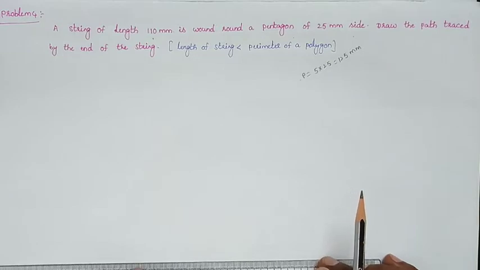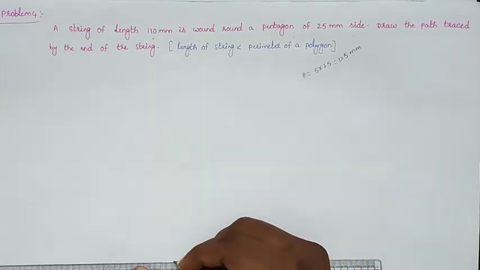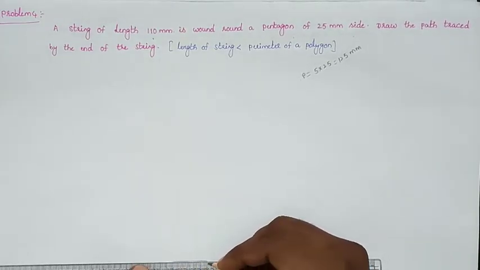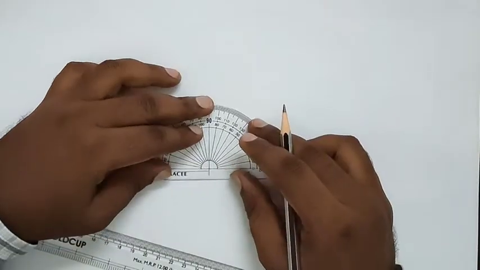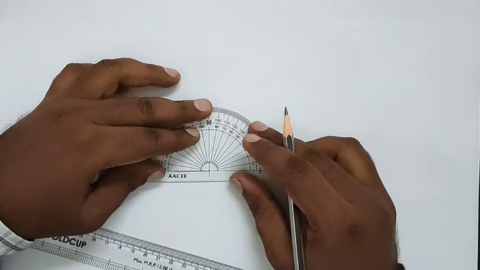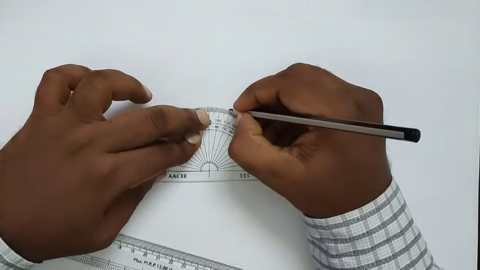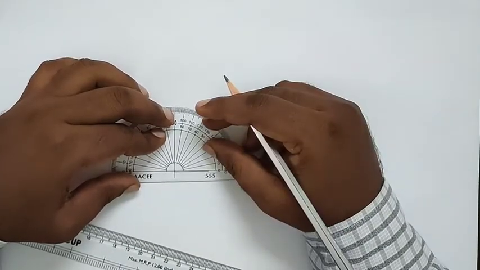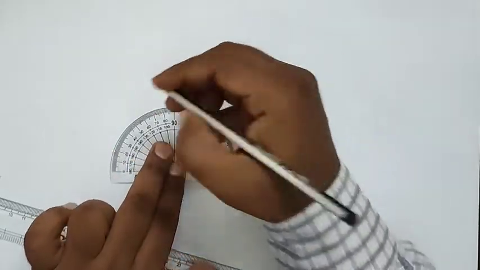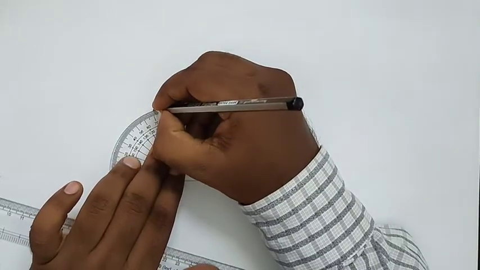So first of all, we will construct a pentagon with 25 mm side length, and by following the exterior angle method, taking each angle as 72. From all the corners you can take 72 and we will construct a pentagon. So this method of constructing a polygon is very, very important.